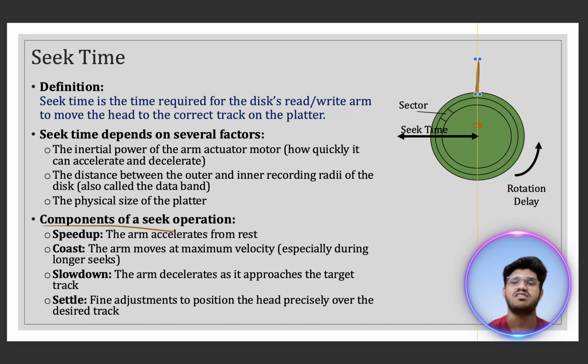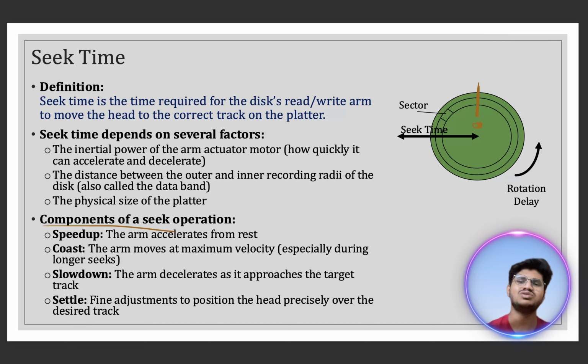At first it will accelerate to a certain velocity, then after a time it will reach its maximum velocity, then it will move a particular distance at that maximum velocity, and then it will slow down and come to this position. So initially the read and write head was here, it sped up, reached a maximum velocity, then slowed down and finally reached here.